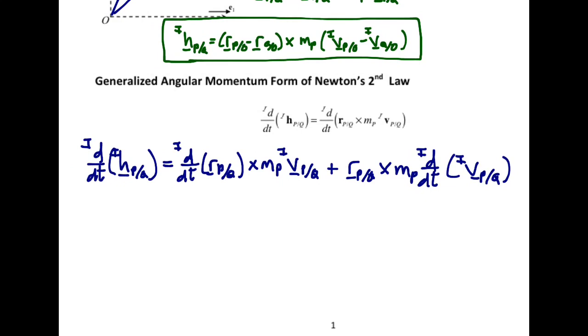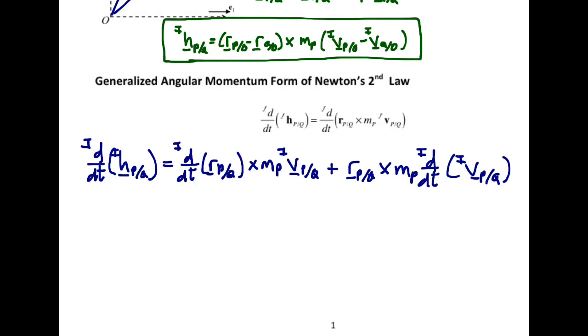So we've simply applied the chain rule to each of the expressions here, which gives our angular momentum relative to a point, just any general point.